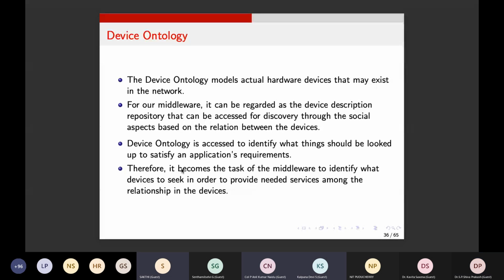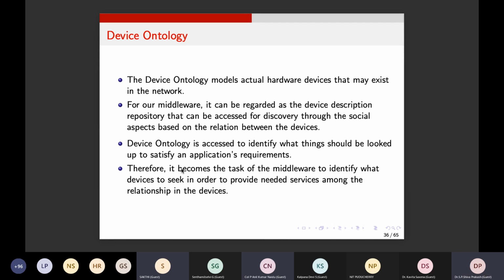It means it covers all the hardware devices that may exist in the network. So for our middleware, it can be regarded as the device description repository that can be accessed for discovery through the social aspect based on the relationship between the devices.